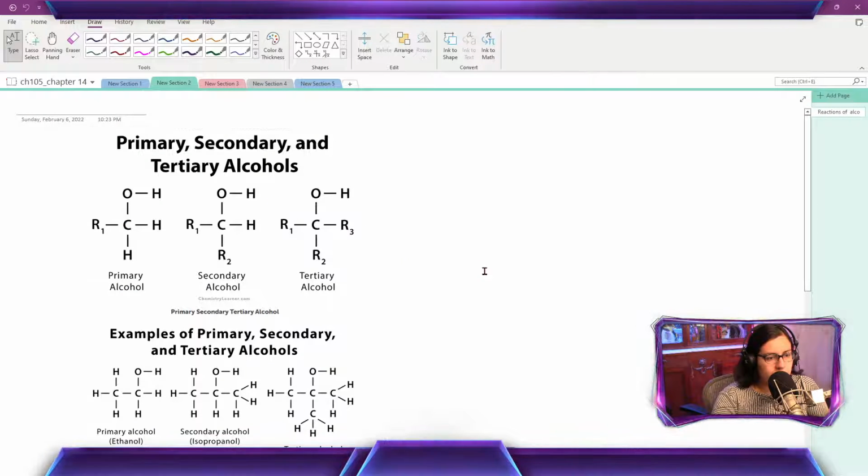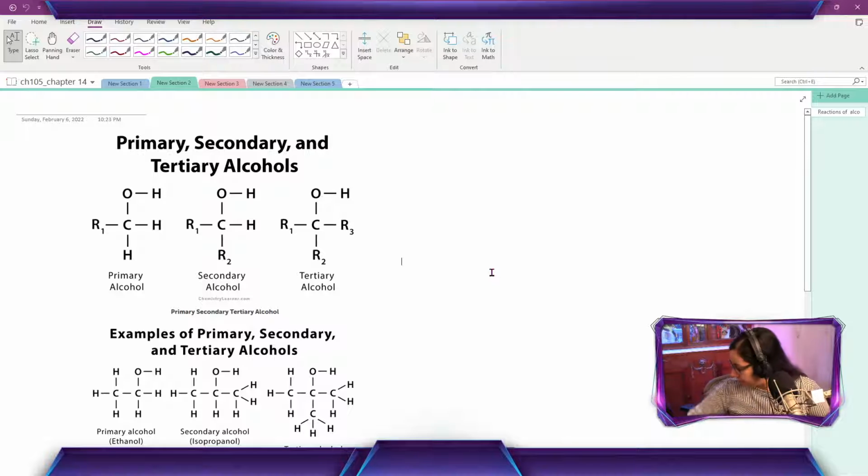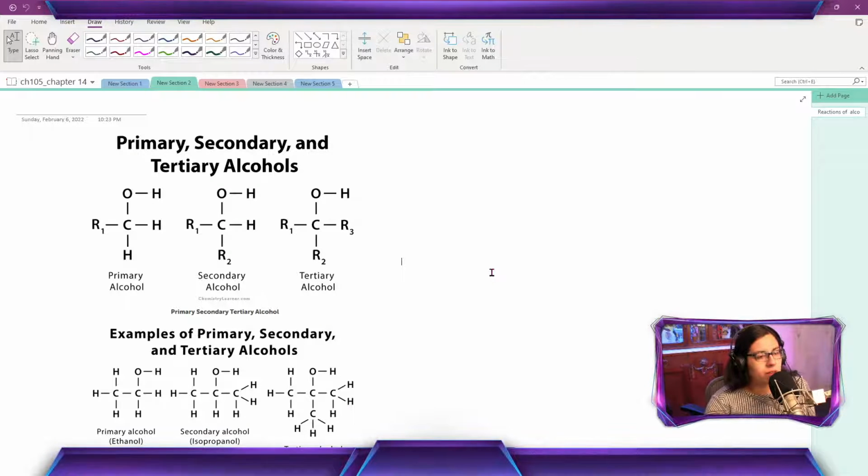So let's start off with alcohols and the different types of alcohols there are. We can have what's called primary, secondary, tertiary alcohol, similar to how we had primary, secondary, tertiary carbons.